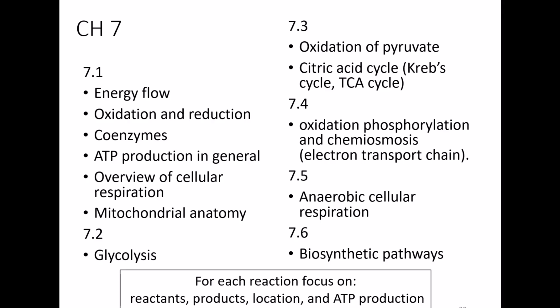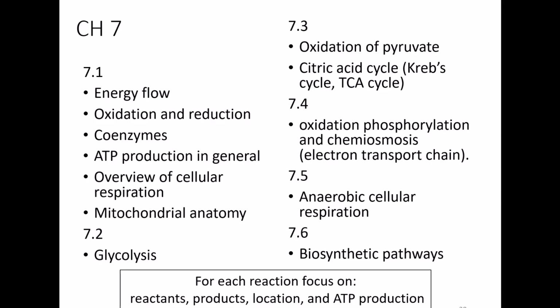The coenzymes would be NAD and FAD in this chapter. When we get to photosynthesis, we'll talk about NADP. As far as ATP production in general goes, you can do substrate level phosphorylation or oxidative phosphorylation and chemiosmosis. Oxidative phosphorylation and chemiosmosis is where you have your electron transport chain and ATP synthase.